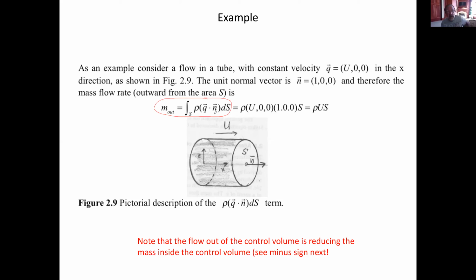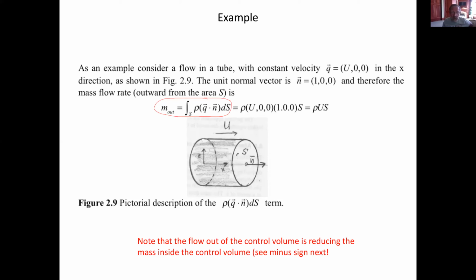So now let's see how it relates to that quantity. We said rho is the density of the fluid. We said the velocity vector, here we have the coordinate system, x is the longitudinal one. The normal is pointing positive in the x direction. This is the unit normal.